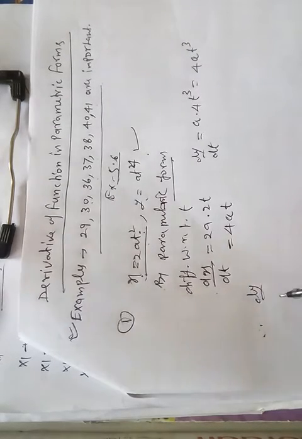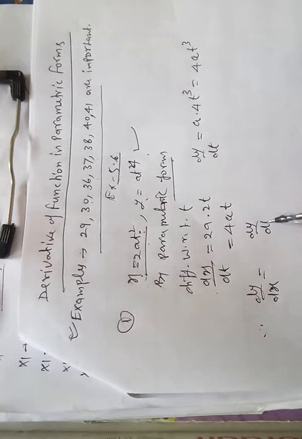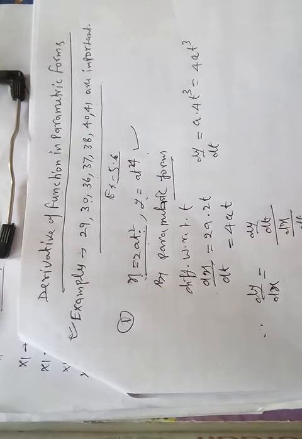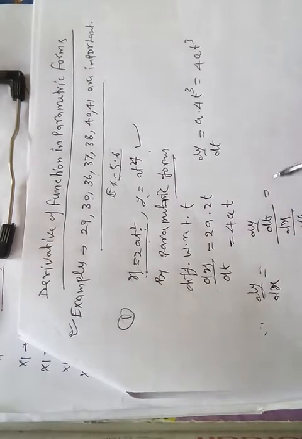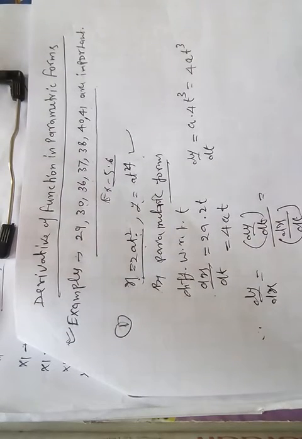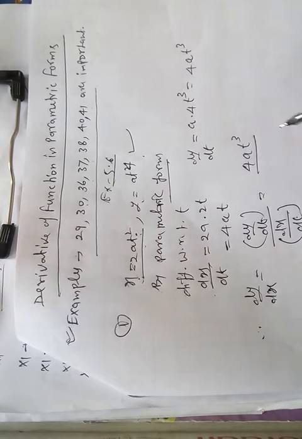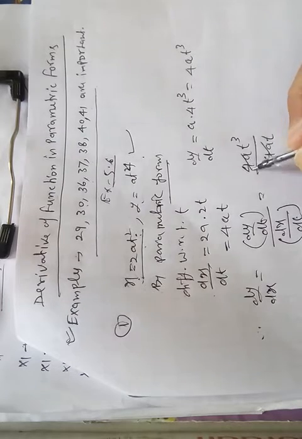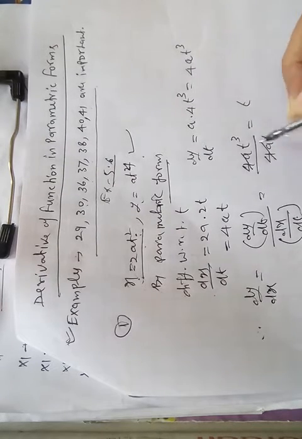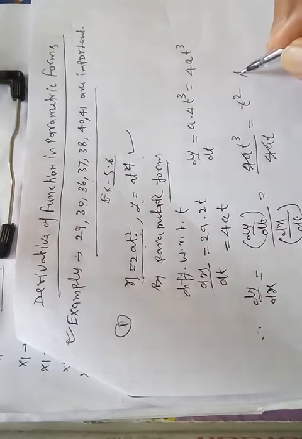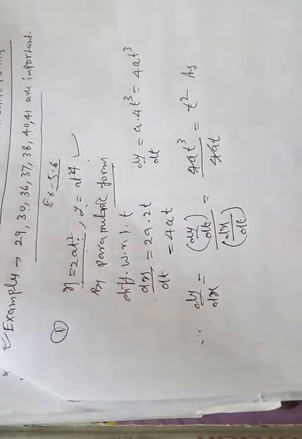Therefore dy/dx equals (dy/dt) upon (dx/dt), which is 4at cube upon 4at. 4a cancels, and dy/dx equals t square. That is your answer. Same for this type of question.